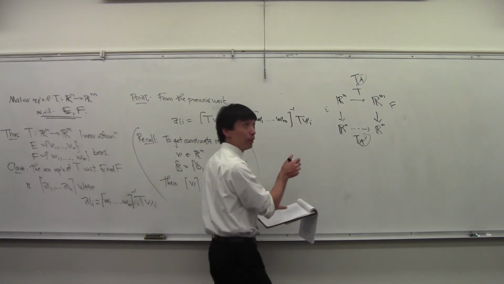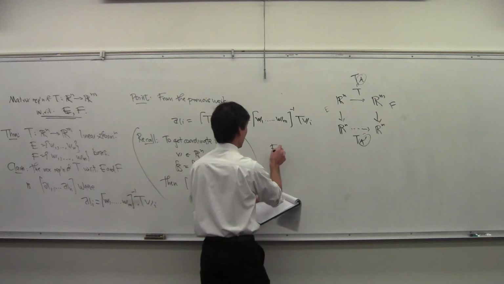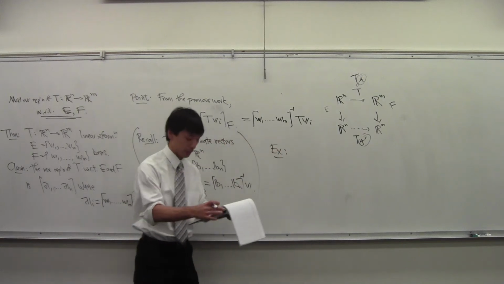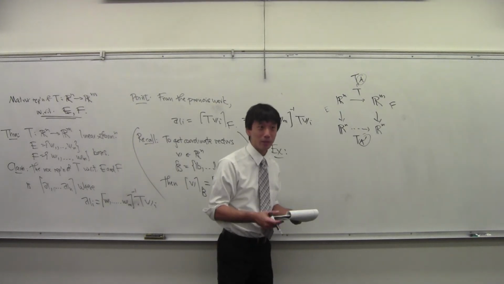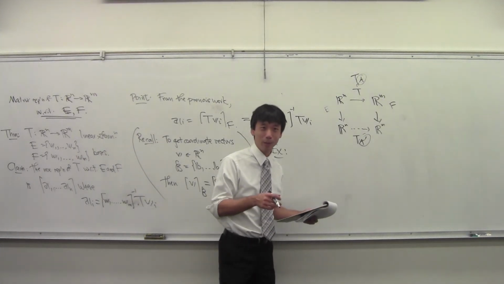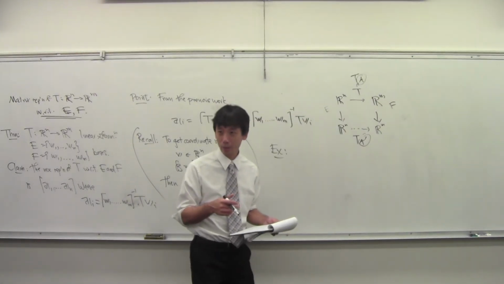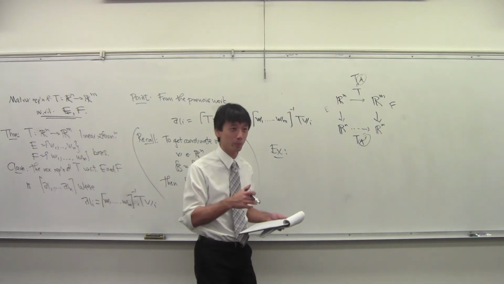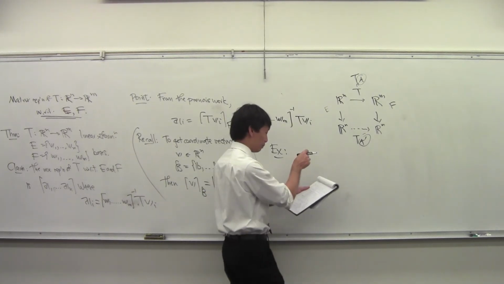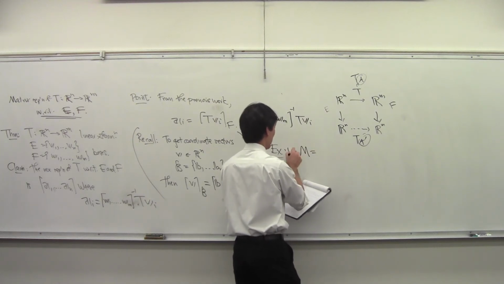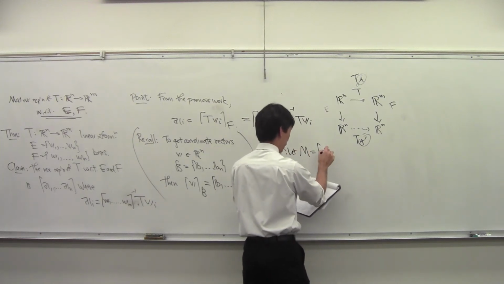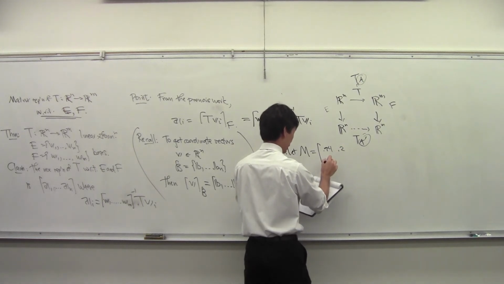Let me do an example. Sorry, in the last minute, I'll see if I can clear this up a little bit. I hope this example will be kind of cool. It's related to the Markov chain example that we did some weeks ago. Let M be 0.94, 0.2, 0.6, 0.98.